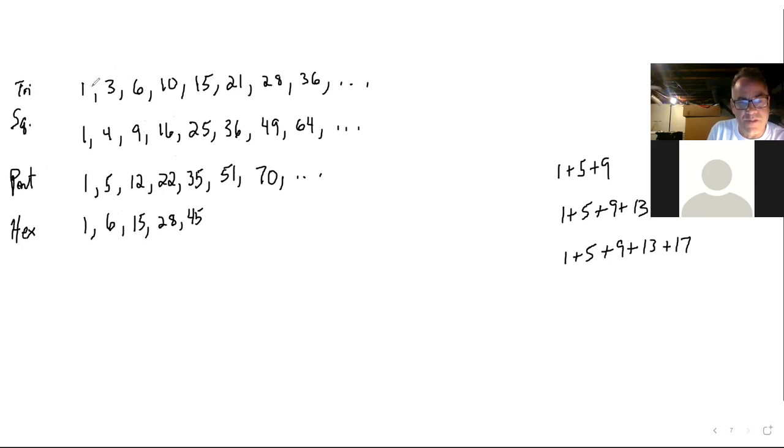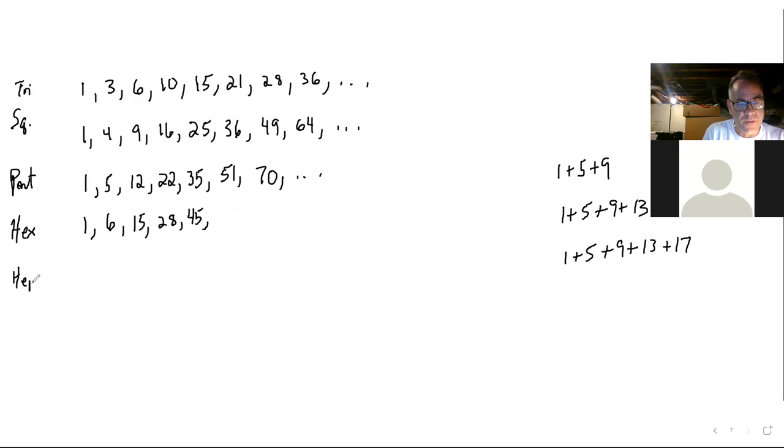Going down the columns, those gaps are triangular numbers. There are just patterns all over the place. So I would expect this should be going by gaps of 15. Well, 21 plus 15 is 36, and 36 plus 15 is 51. So I could actually find the next term here by taking this and adding a 15. And then this, notice, is by gaps of 21, and so on and so forth.